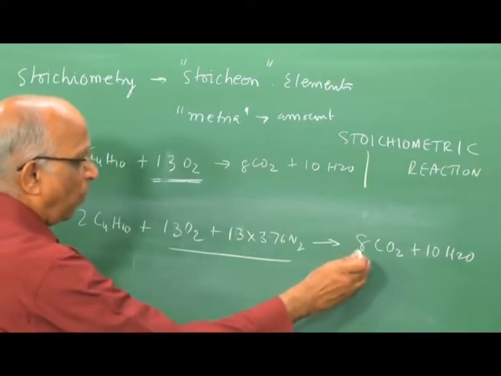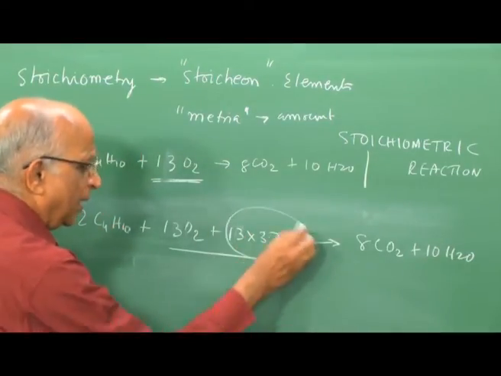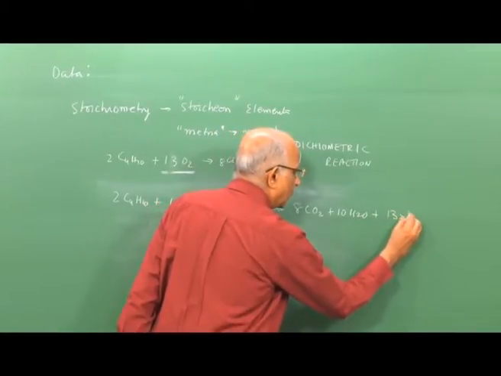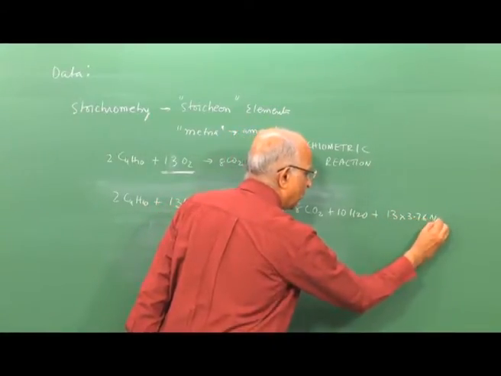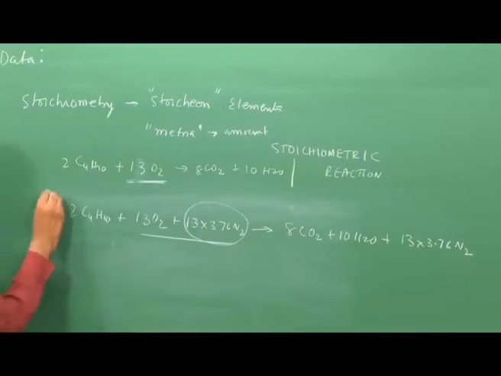Then only I can form 8CO2 plus 10H2O, and nitrogen being inert, it gets back into the products as 13 into 3.76 of nitrogen. Now, this is my reaction with air.